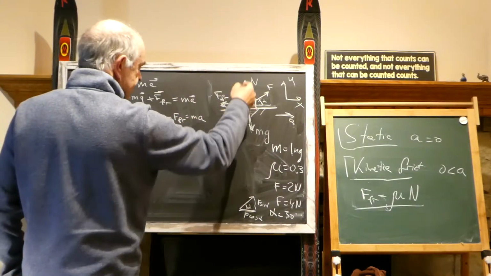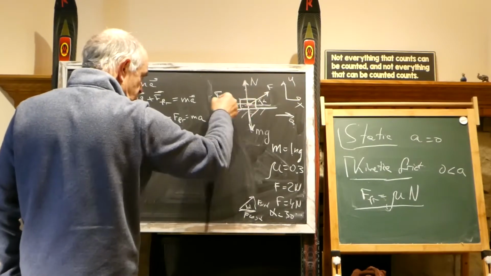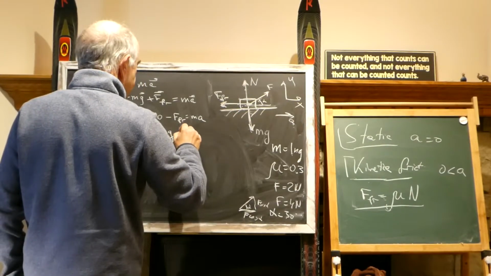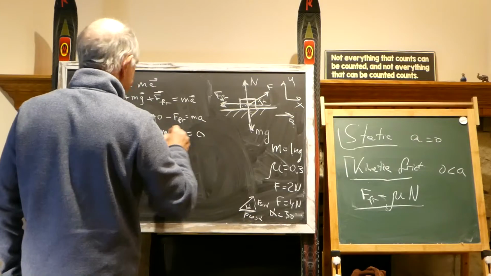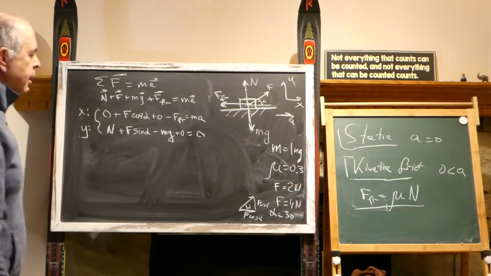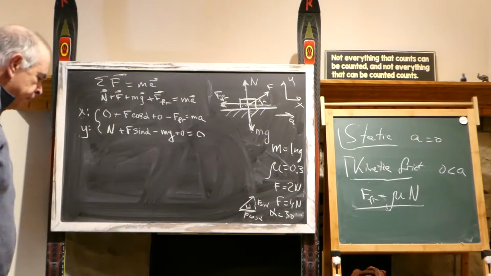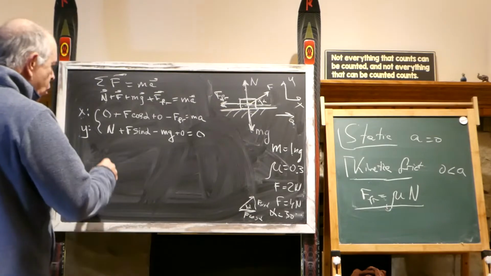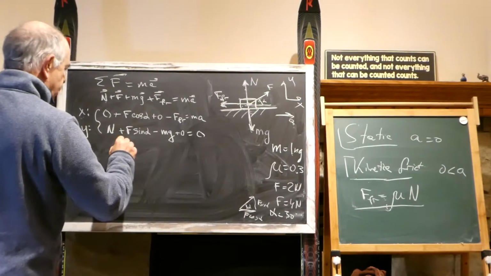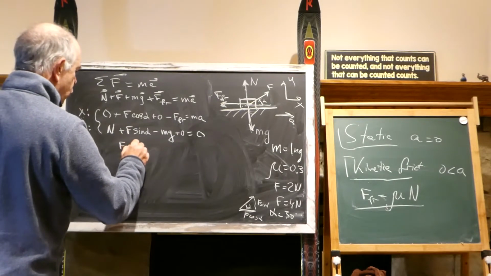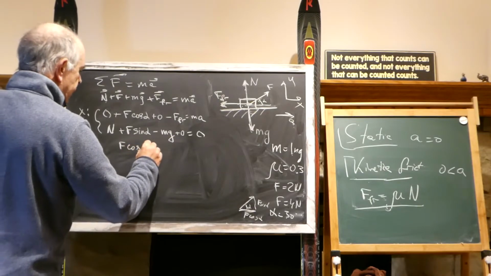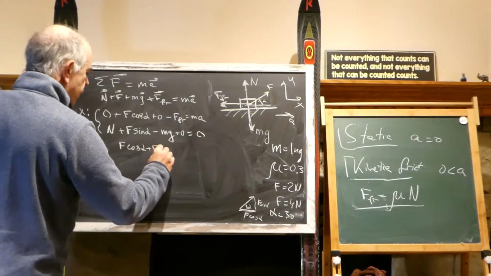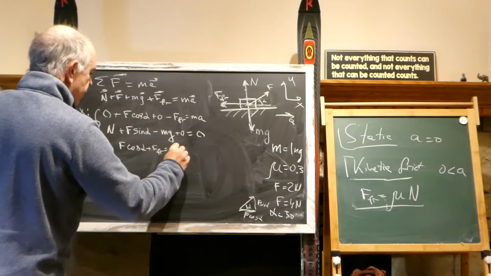Friction doesn't exist along this y-axis because it's horizontal, so it's plus 0. And there is no acceleration vertically, so it all becomes like this, right? So we can write the first equation as F cosine alpha plus F friction equal ma.